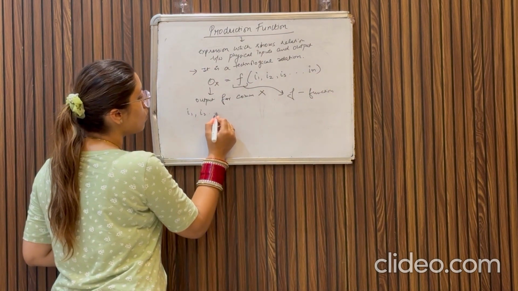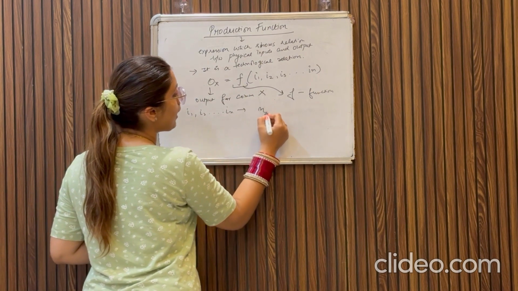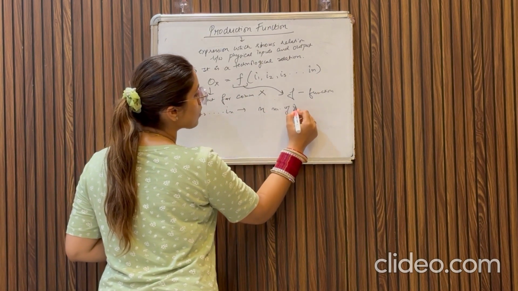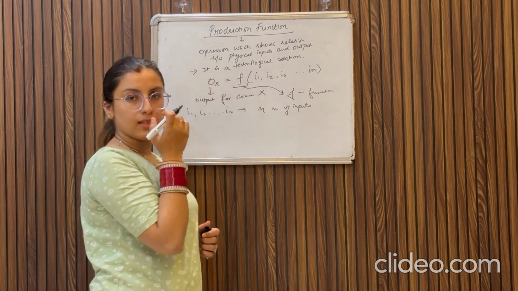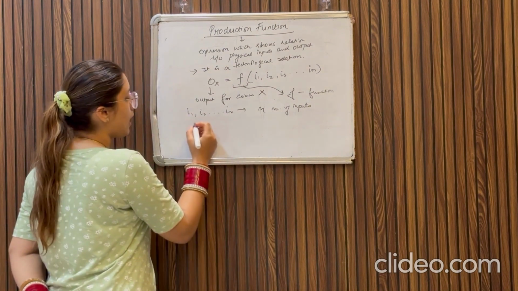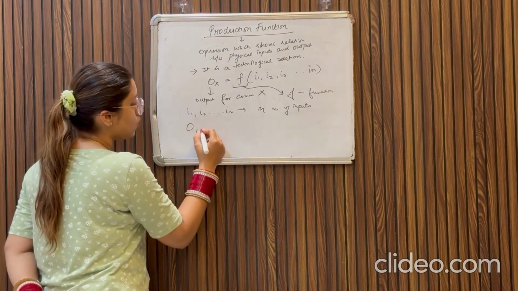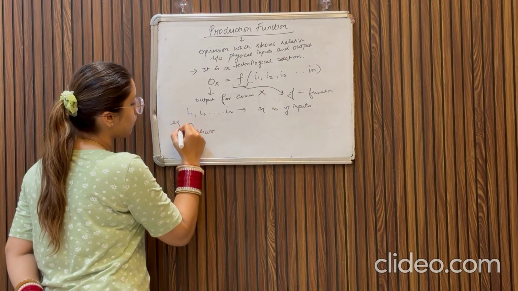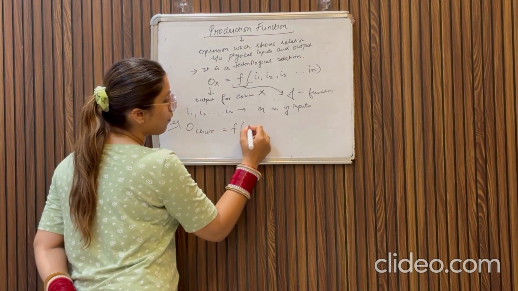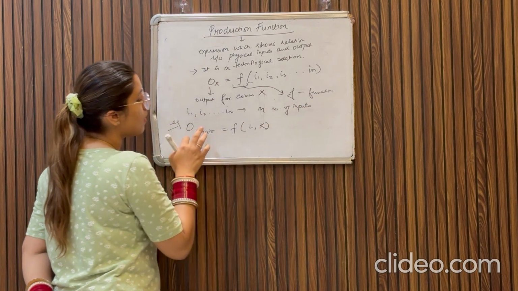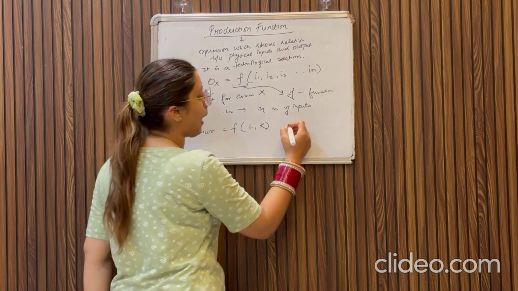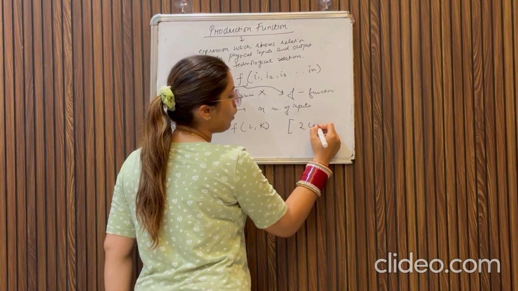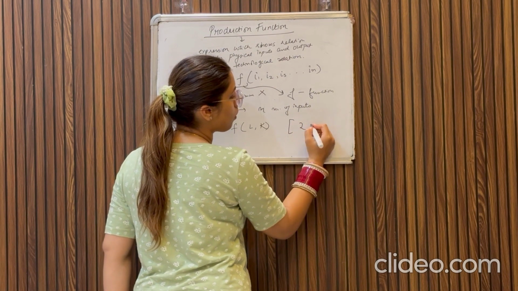I1, I2 till In are the n number of inputs which will be used to make the particular commodity X, for the output X. Suppose I have to make chairs. So output of chair is a function of labor and capital. Suppose for making chair we use only two inputs, that is labor and capital.